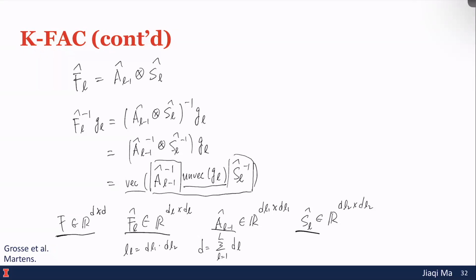So this is a benefit brought by the assumption of the Kronecker product. We can solve this inverse Hessian vector product problem more efficiently.